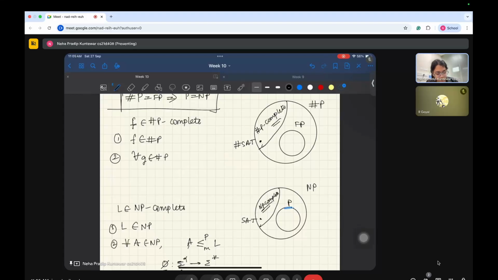We say that for all G that are there in sharp P, if I can find the value of G using oracle access to F as a function, then we'll say that F is hard.